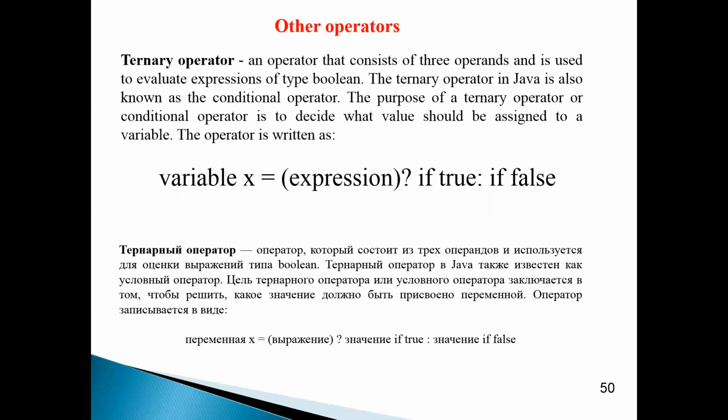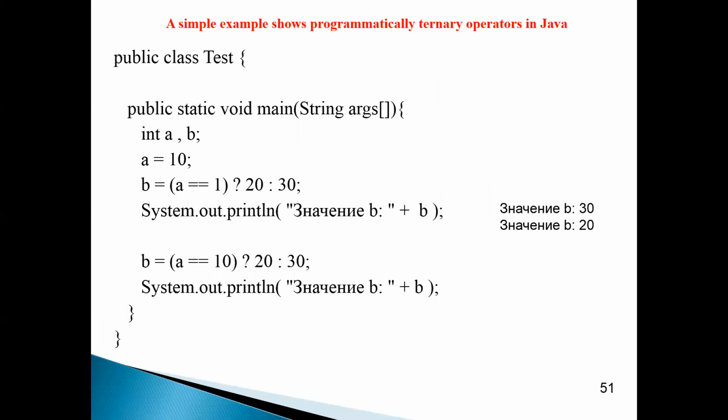This operator is written as variable x equals, in the brackets the expression, question sign, value if true, or value if false. Okay, next slide. You can see a simple example that shows programmatically the ternary operator in Java. Programming code on the left and its result.